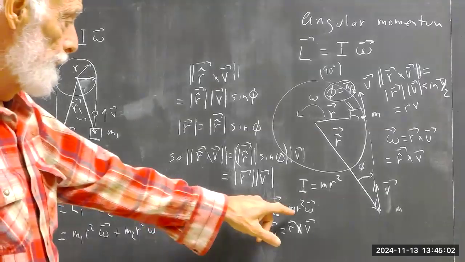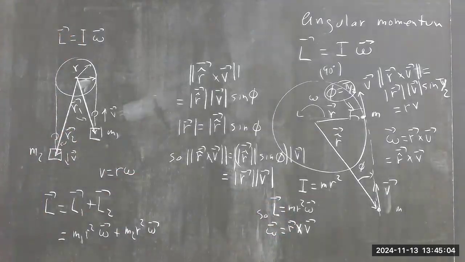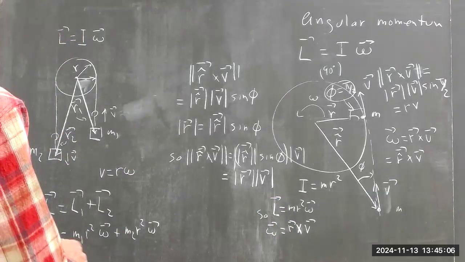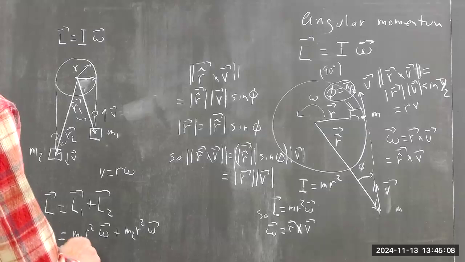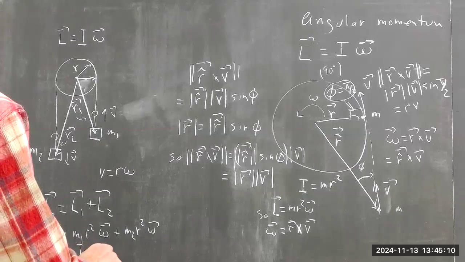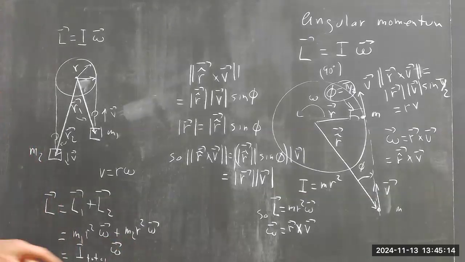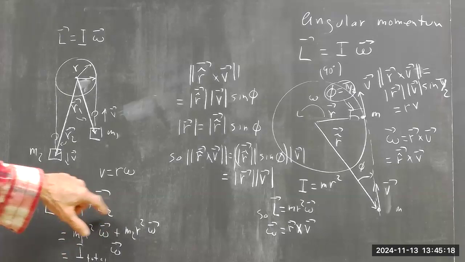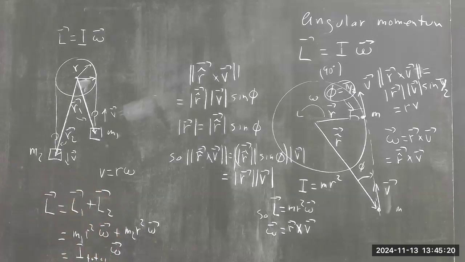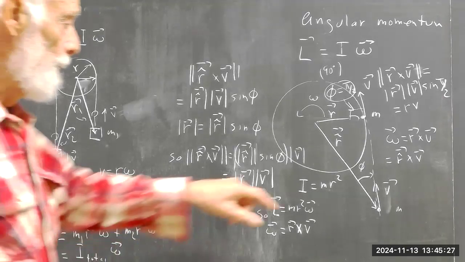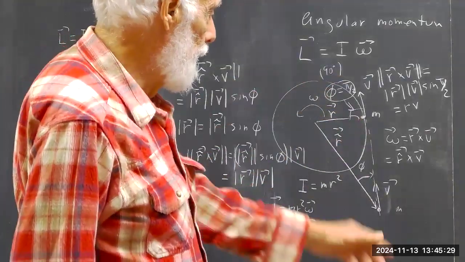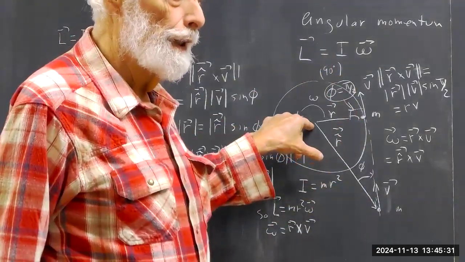And the angular momentum then is just going to be mR squared omega for each, which is just your total moment of inertia, because you're just adding up your mR squareds times omega. Now, all this is just to emphasize that something doesn't have to be moving in a circle to have an angular velocity with respect to the axis.